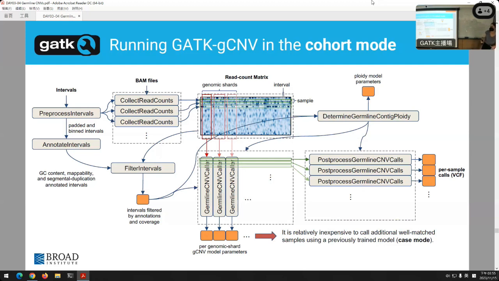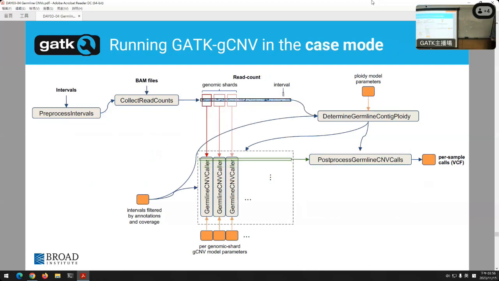And this is because we have output the trained model parameters when we ran Germline CNV Caller. So we can take those trained model parameters and apply them on a brand new sample to perform CNV calling on that new sample, as long as that new sample was relatively similar to the samples where we originally trained our model.